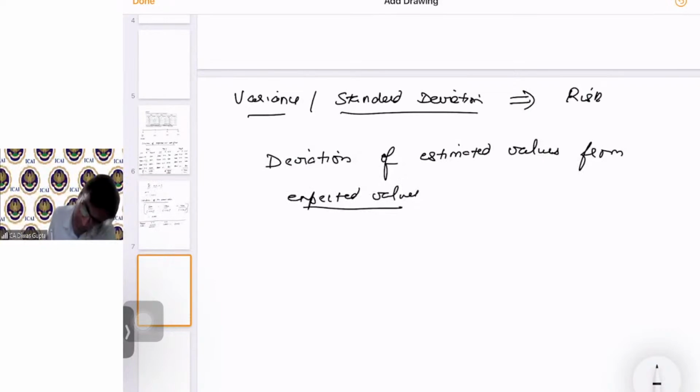So this expected value is the mean. Estimated values are possible scenarios. Correct? The same language which I have written on top.